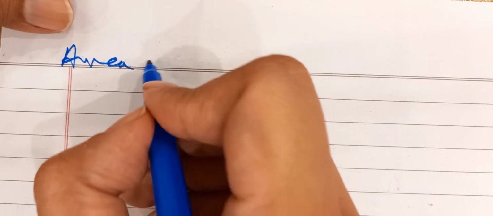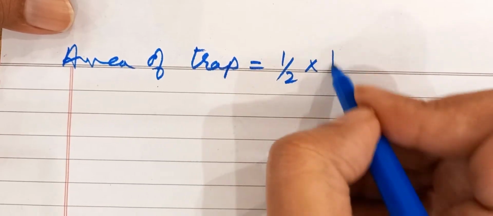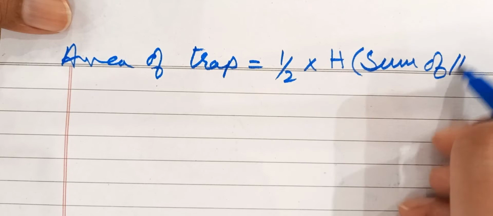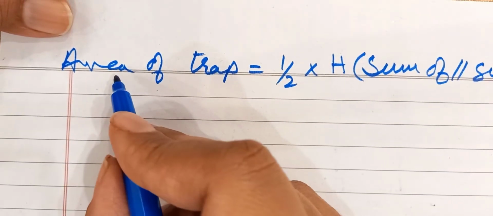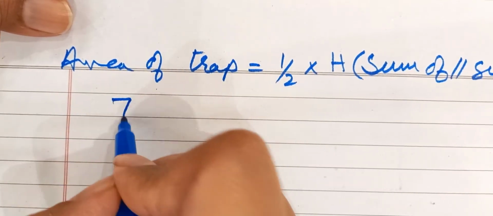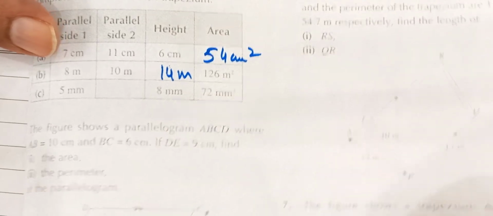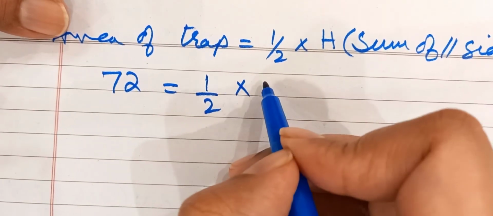Area of trapezium is equal to 1 by 2 into height into sum of parallel sides. They have given me the area, which is 72. They have given me the height, which is 8.